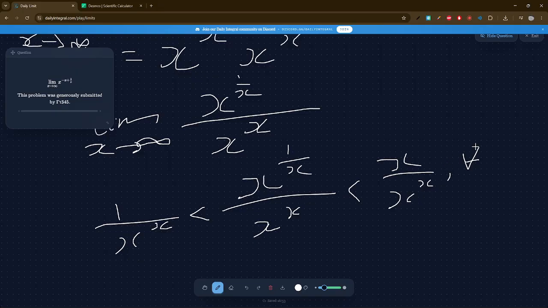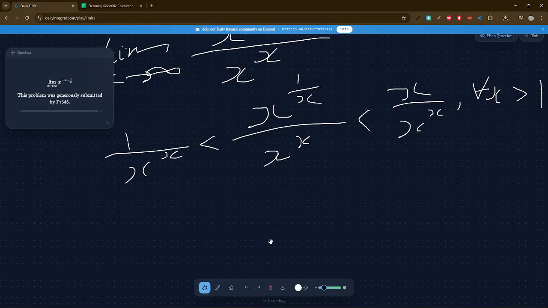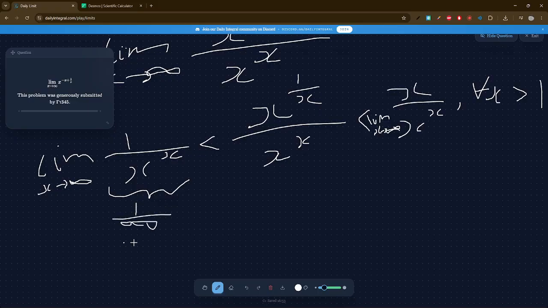This is how you write "for all", by the way, mathematically. And then you do the limit as it goes to infinity. This, of course, will approach 1 over infinity, which is just 0.